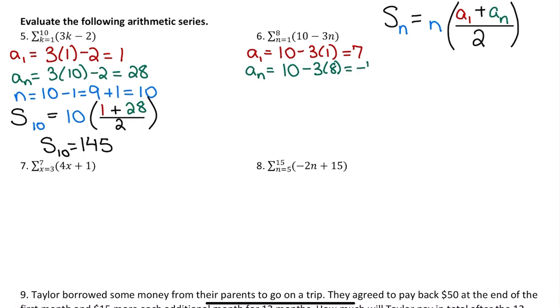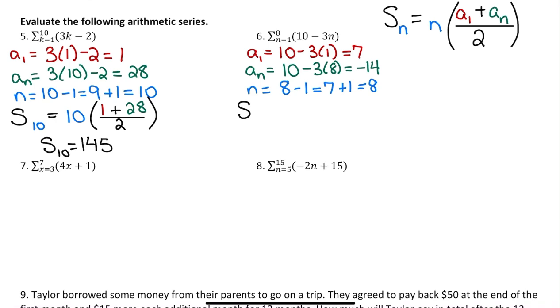And we get negative 14. If we take the last term minus the first term, we get 7, and add 1 tells us that in this series we have added together 8 terms.